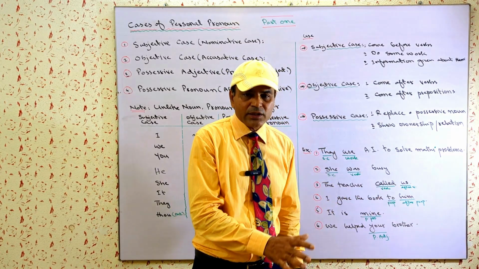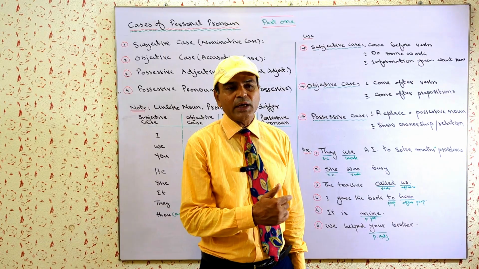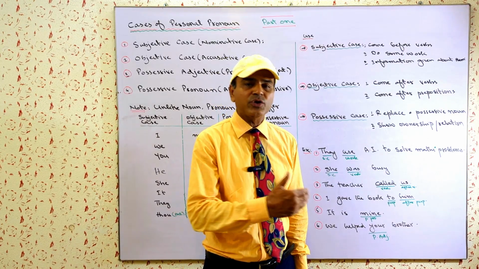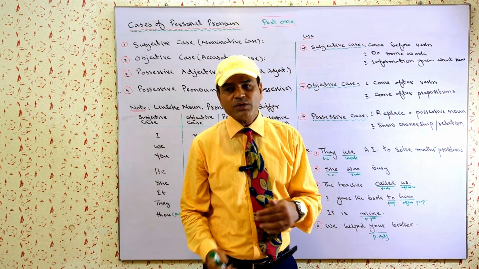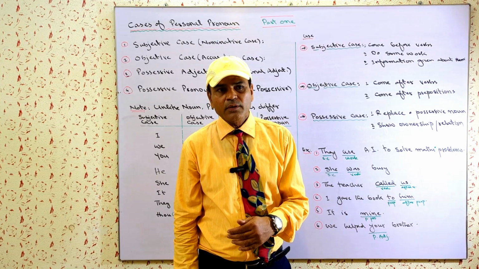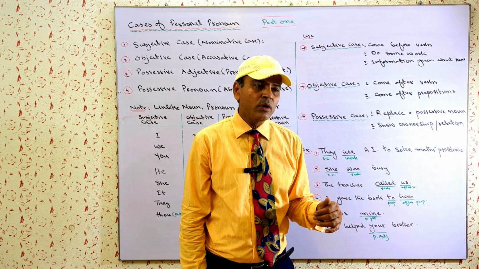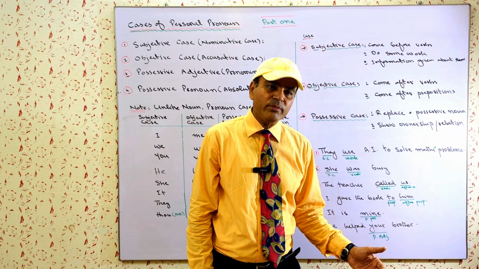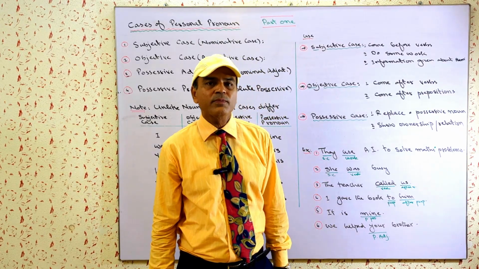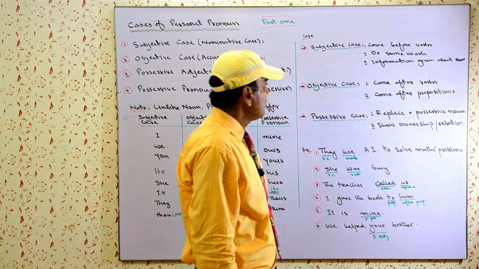So in all these examples, with the pronouns he and she, we have given information about them. So sometimes the pronoun does the work, and sometimes about the pronoun we give some information. In both cases we use subjective case.